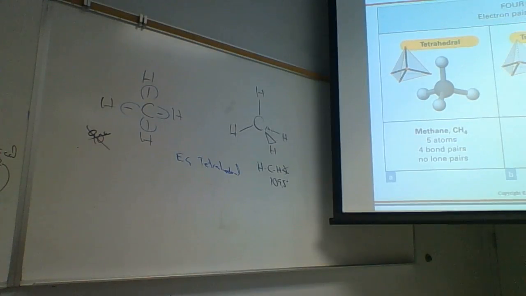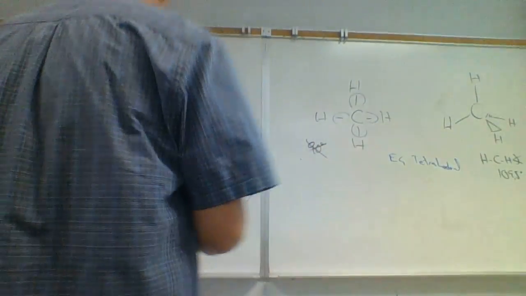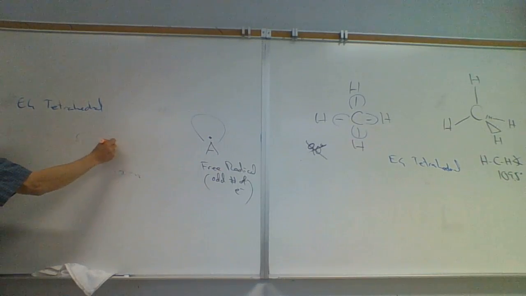And the molecular geometry, so this is looking at bonded atoms. If we look at just the bonded atoms, we see it's different. The electron geometry and the molecular geometry don't match. The molecular geometry is not trigonal planar.